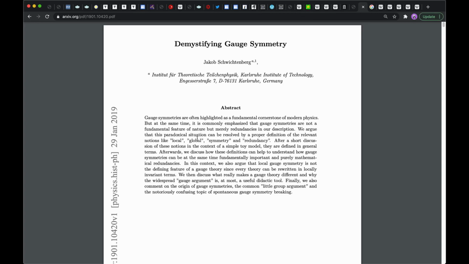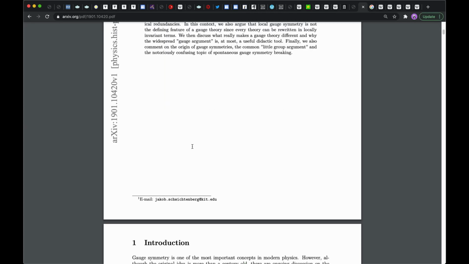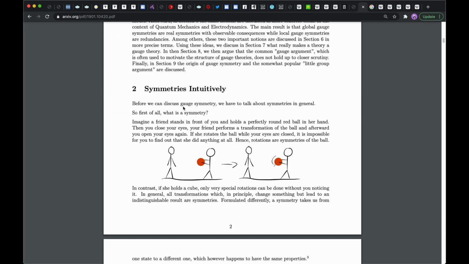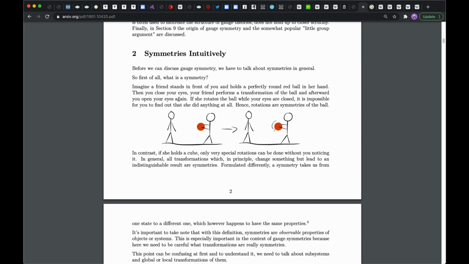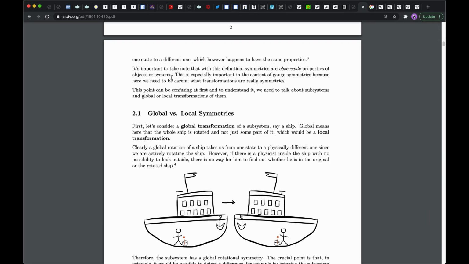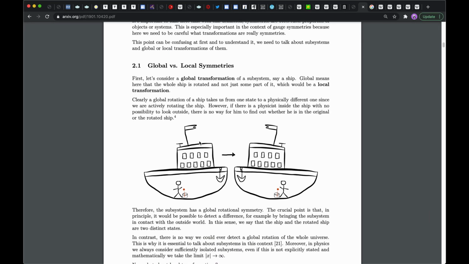So basically that paper uses the economical model to demonstrate what gauge symmetry actually means, and it was really enlightening for me to read that. It discusses symmetries in the second section, talking about global versus local symmetries.